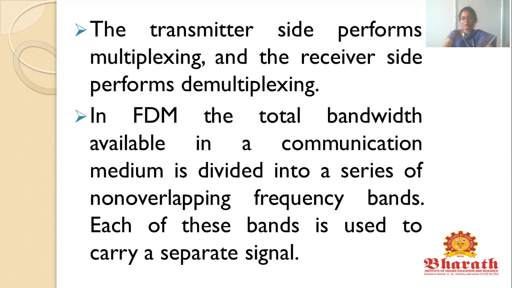In frequency division multiplexing, the total bandwidth available in a communication medium is divided into a series of non-overlapping frequency bands. To avoid overlapping frequencies, we use a broadband. Each of these divided bands is used to carry a separate signal.